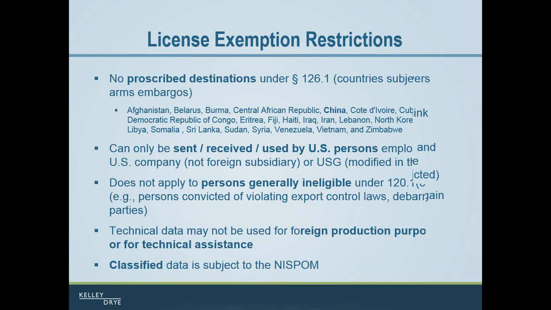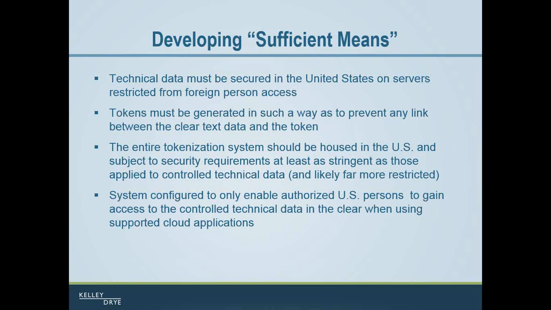First, technical data should be secured in the U.S. on servers restricted from foreign person access. So the actual clear text tech data can't be reviewed by foreign nationals either located in the U.S. or outside the U.S. It's got to be secured in the U.S.